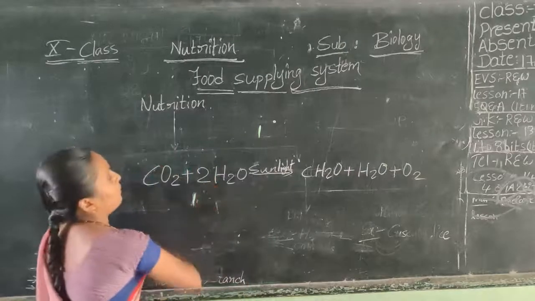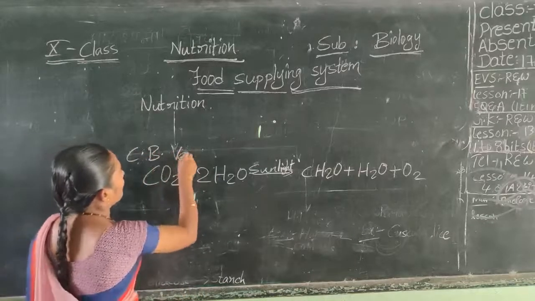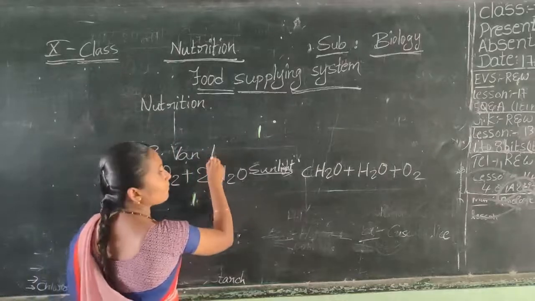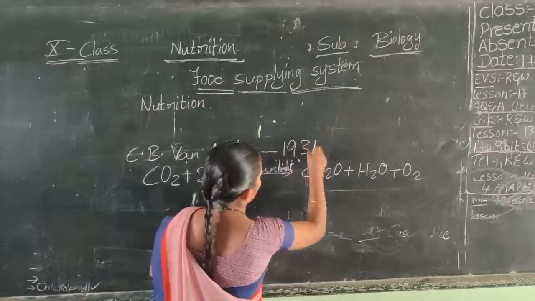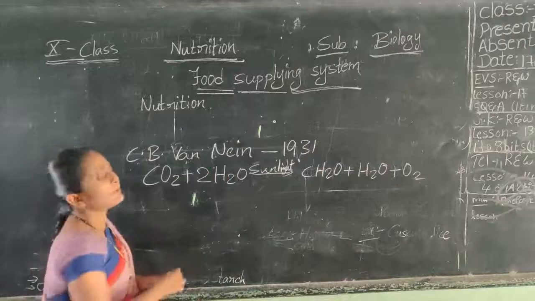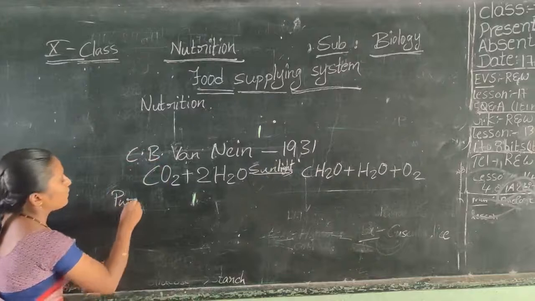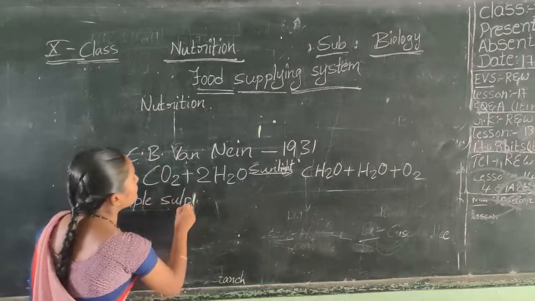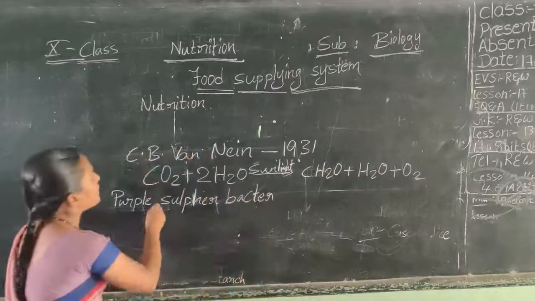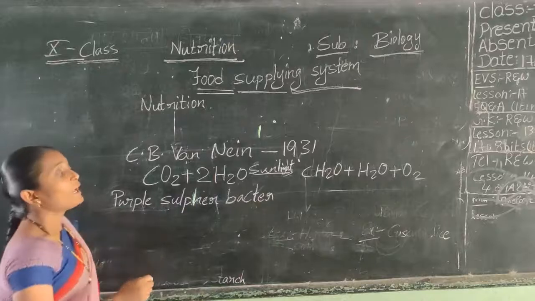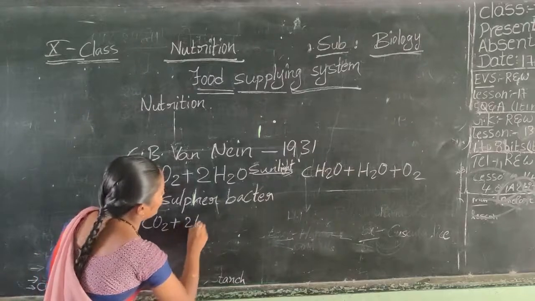This was proposed by a scientist, that is C.B. Van Niel, in the year 1931. He did an experiment on purple sulfur bacteria. Here, instead of water, purple sulfur bacteria use H2S, carbon dioxide plus H2S.